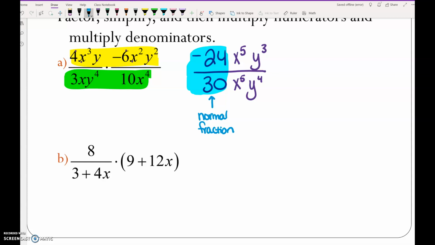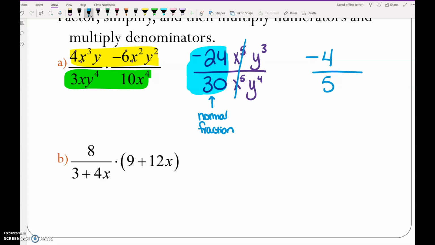So you can simplify this in your calculator if you want, or you can simplify this like the old way where you think about what could you divide out of both negative 24 and 30. You can divide them both by 6. Negative 24 divided by 6 is negative 4. 30 divided by 6 is 5. So the fraction negative 24 thirtieths simplifies to the fraction negative 4 fifths. What do you notice about the x's? They're the same, so they cancel.